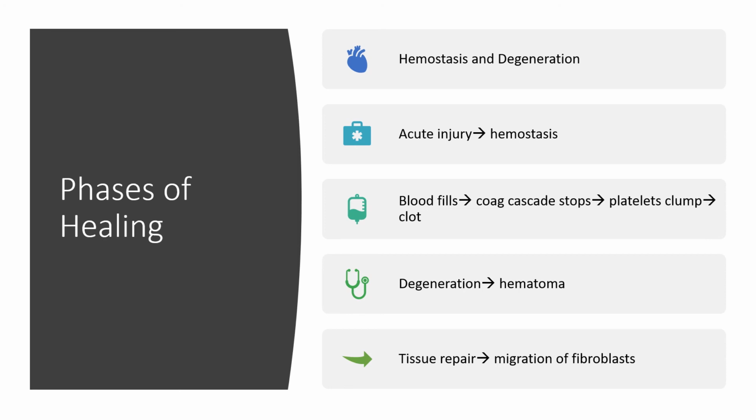The migration of the fibroblasts begins within 24 hours of the injury, and the fibroblasts release different factors to reconstitute the extracellular matrix and provide the framework for developing endothelial as well as parenchymal cells. So the phases of healing: we initially get the injury, we go through hemostasis, we go through the blood clotting cascade, then we go through degeneration, and then finally tissue repair.